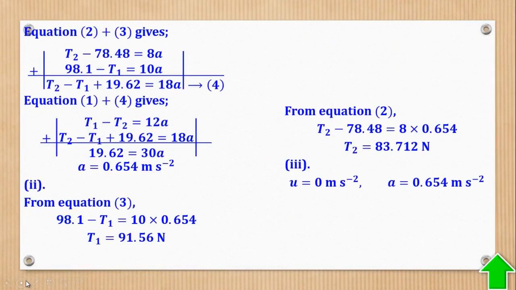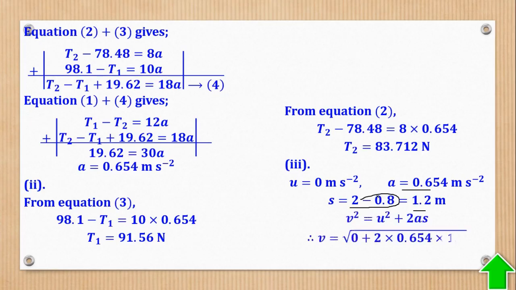So initial velocity is 0 because they were just released. Acceleration, you have got it. And the distance will be the difference, so 2 minus 0.8 gives you 1.2. Therefore, I can use the third equation of motion, substitute to get the value of v. And that's what they wanted.